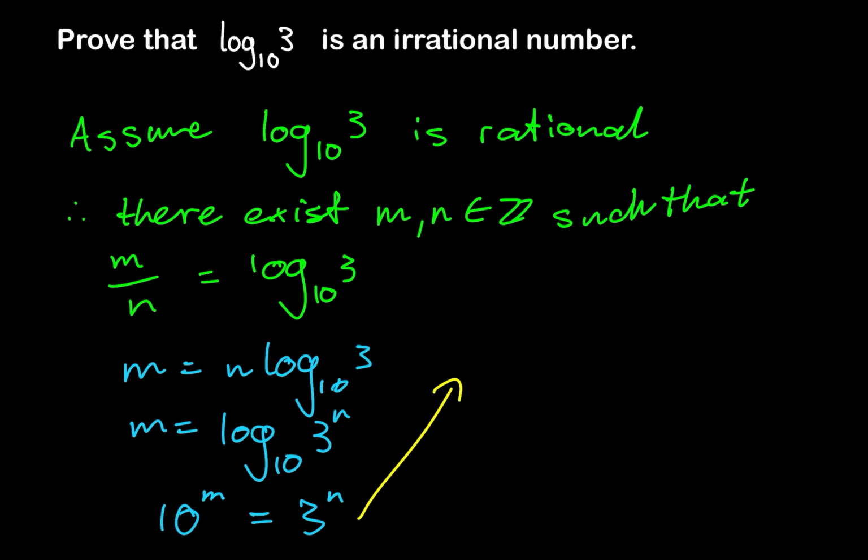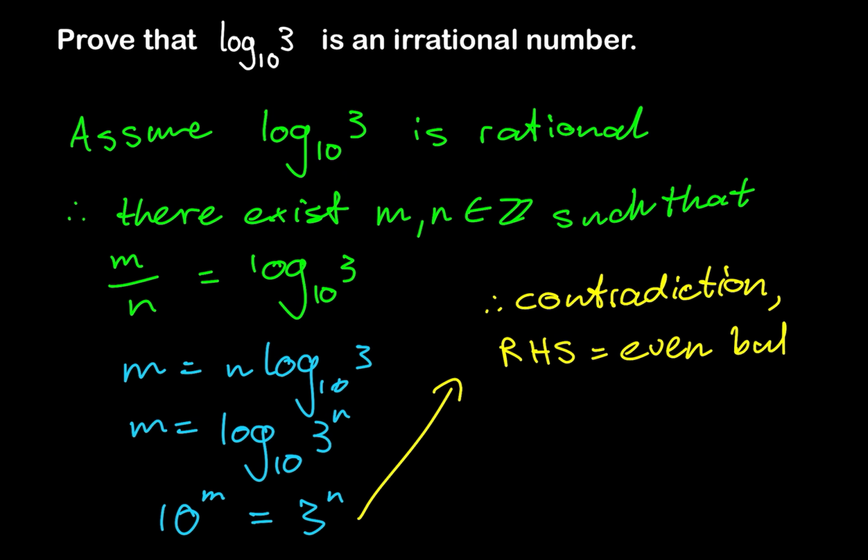And this generates a contradiction. So we can say, therefore, there's a contradiction: the left-hand side is even, but the right-hand side is odd.